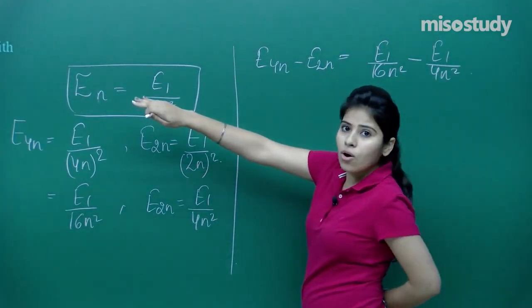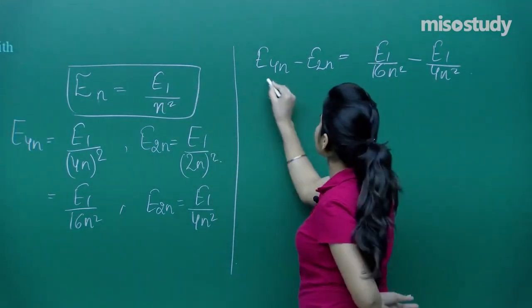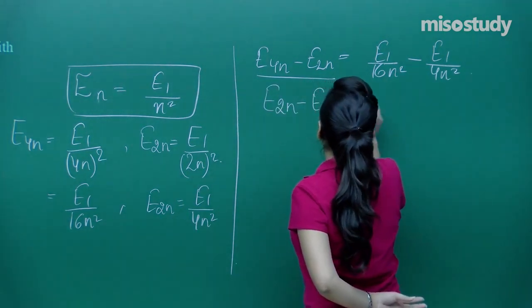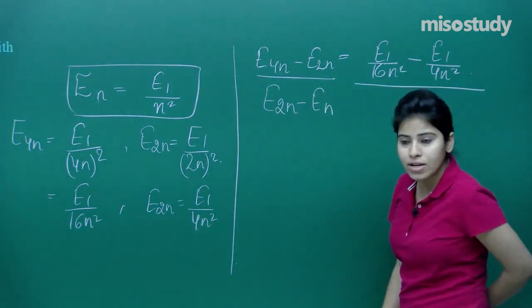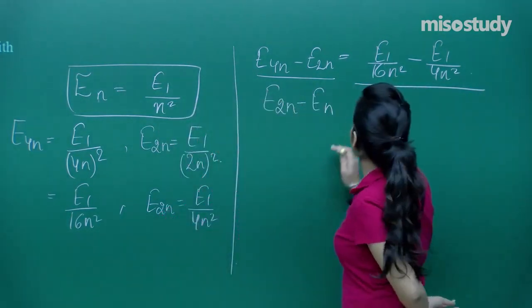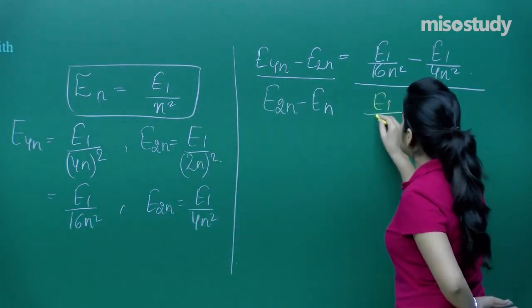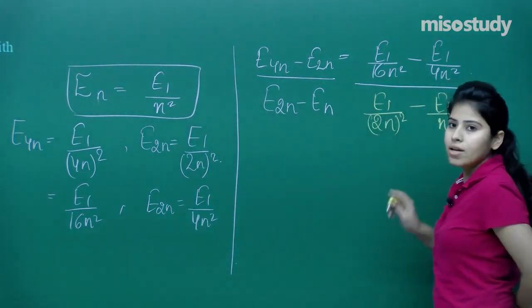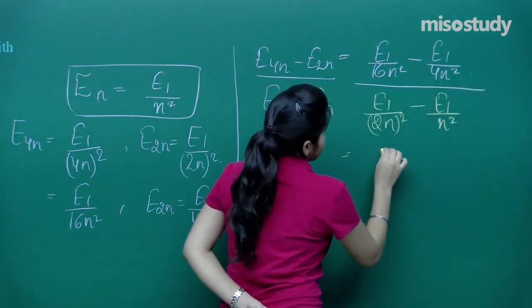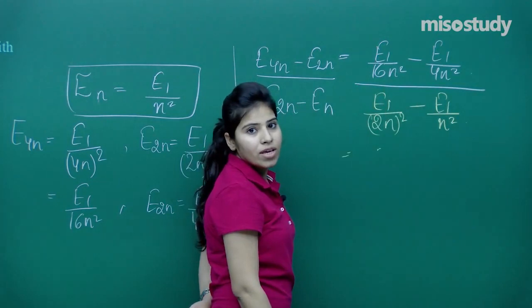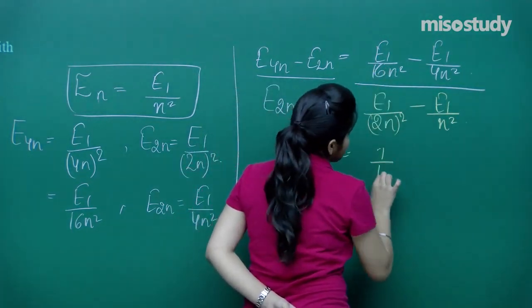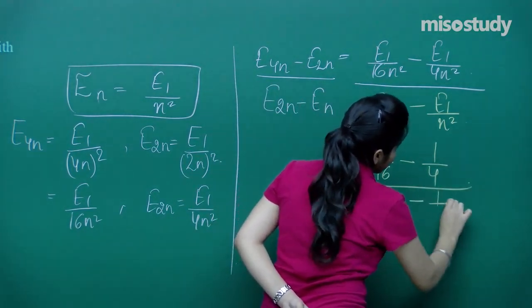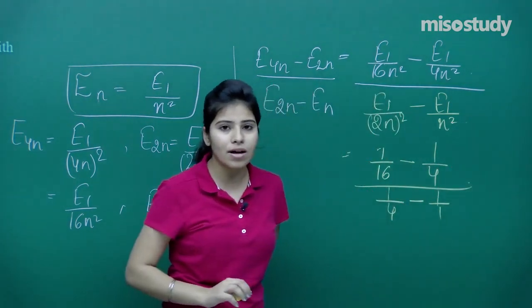As I have to take the ratio of E4n minus E2n and E2n minus En, that will be E2n, E1 upon 2n whole square, minus E1 upon n square. That will be the ratio. If I take E1 as common, I will be left with 1 upon 16 minus 1 upon 4 divided by 1 upon 4 minus 1 upon 1. That will be the answer, right?